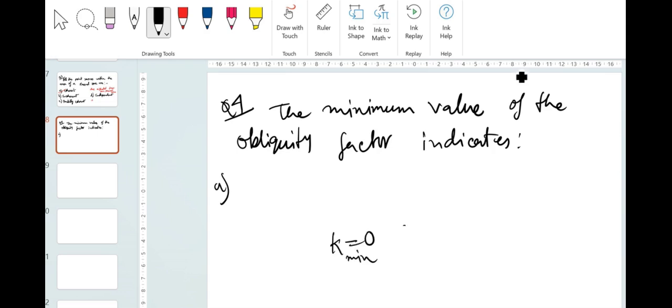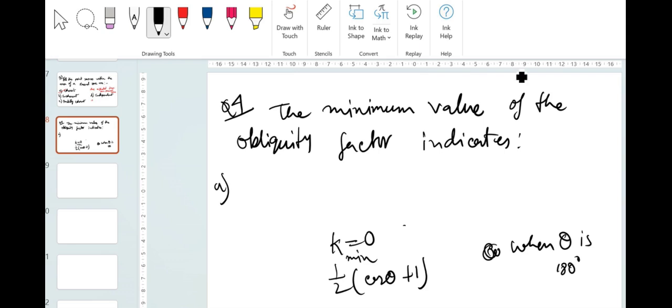K is half of 1 plus cos theta. This happens when theta is 180 degrees. When theta is 180 degrees, the obliquity factor is 0, and that means no backward propagation. 180 degrees is actually the backward direction.